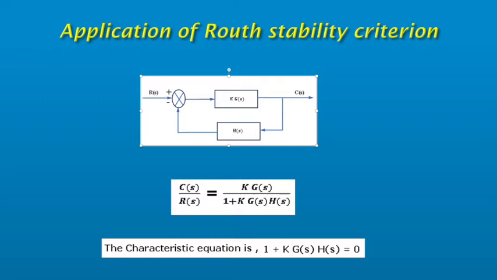Then the range of values of K is obtained in such a way that it will not produce any sign change in the first column of the Routh array. Hence, it is possible to obtain the range of values of K for stability of the system. Such a system in which stability depends on the condition of parameter K is called a conditionally stable system.